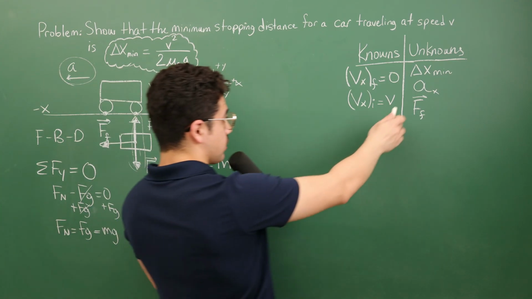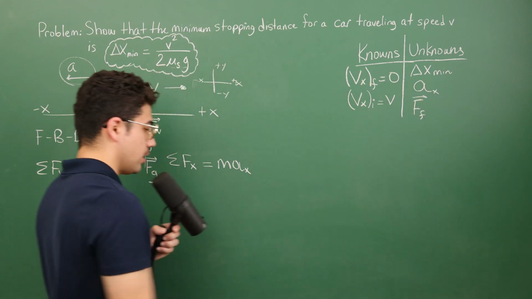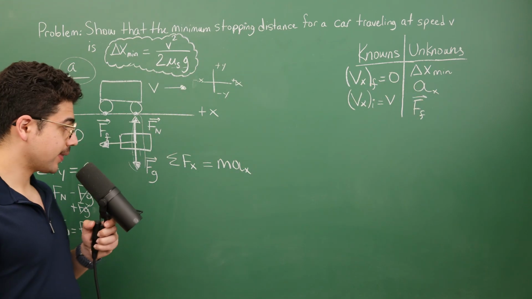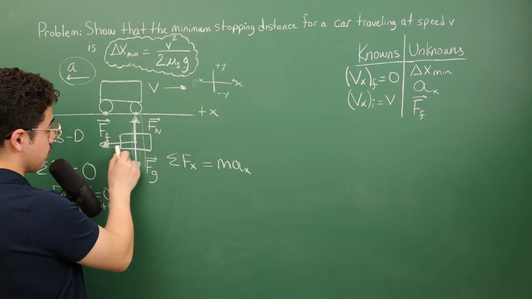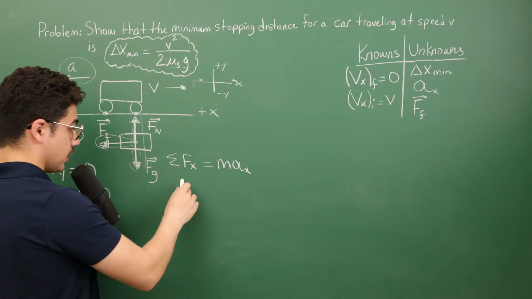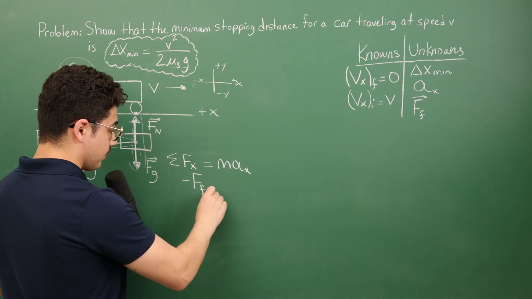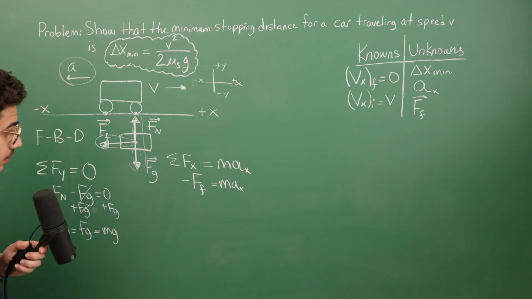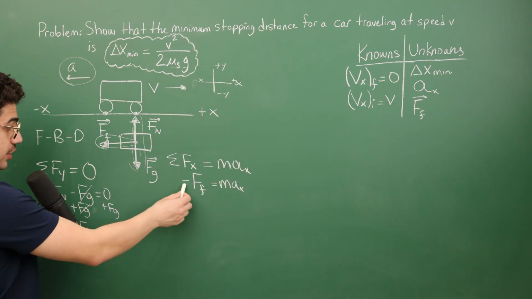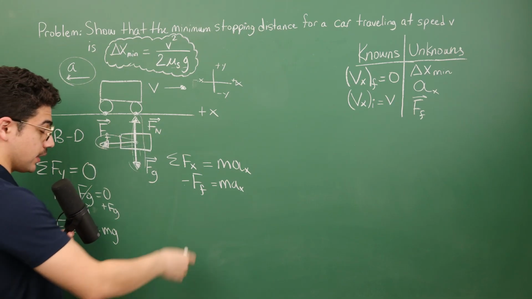And the ax is just consistent with the fact that all of my pieces of information are in the horizontal direction. Now, let's add up all the forces. In this case, I only have a single force, the force of friction. So we're going to say that negative force of friction equals max. And again, this force of friction is negative because it's pointing towards the left, so therefore it's a negative force.